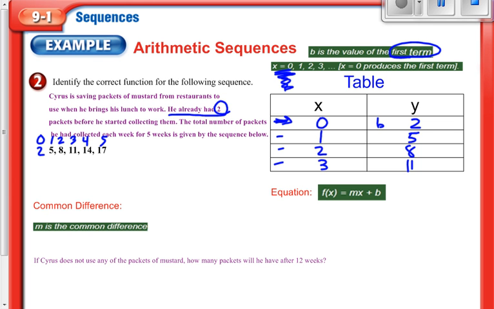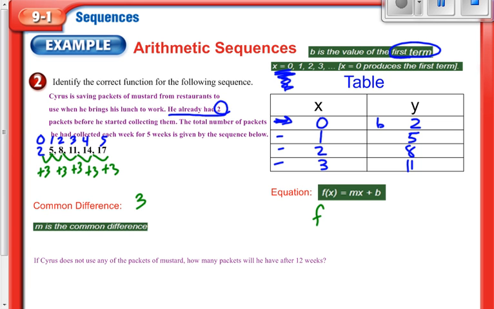Next thing that we need to find out is that common difference. Well, we go from 2 to 5. Gain 3, plus 3, plus 3. Obviously, you can see that pattern there. So the common difference here is going to be a positive 3. Common difference is that rate of change. That's our slope. That's our m value.